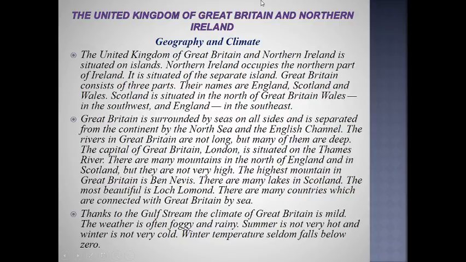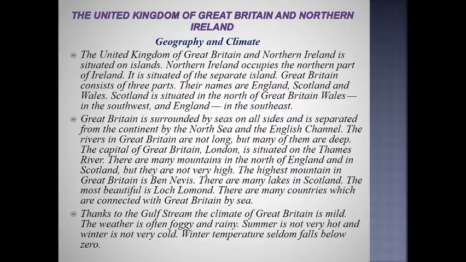Great Britain is surrounded by seas on all sides and is separated from the continent by the North Sea and the English Channel. The rivers in Great Britain are not long, but many of them are deep. The capital of Great Britain, London, is situated on the Thames River.